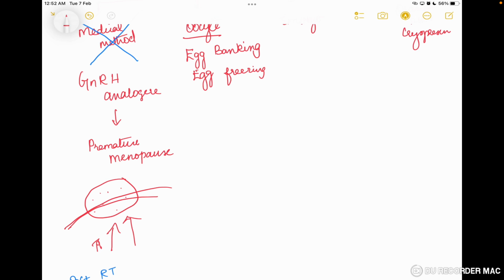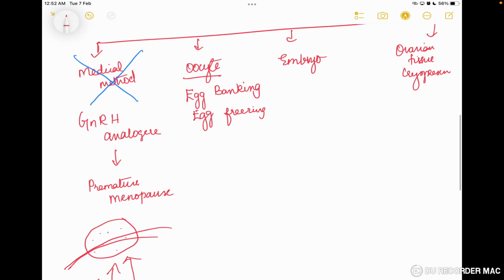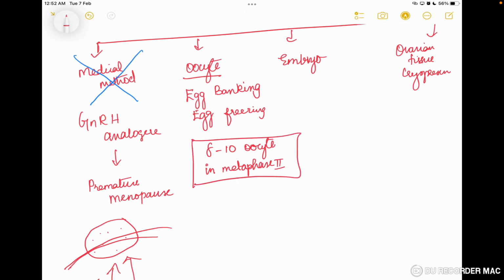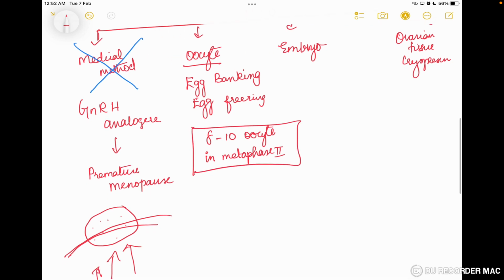It is only for those who have attained menstruation and who are sexually active. So at least 8 to 10 oocytes in metaphase 2 is required to produce success in future.